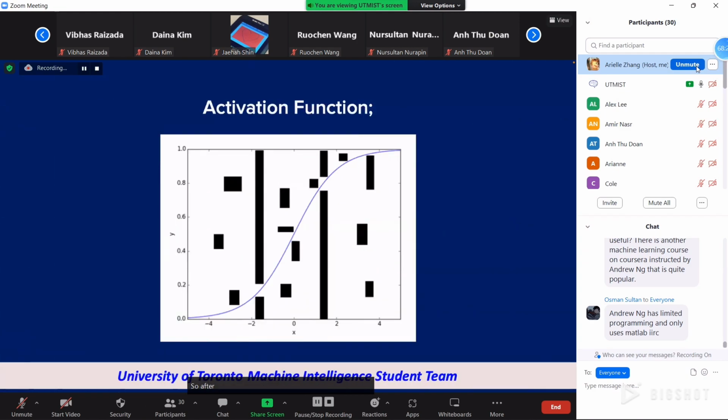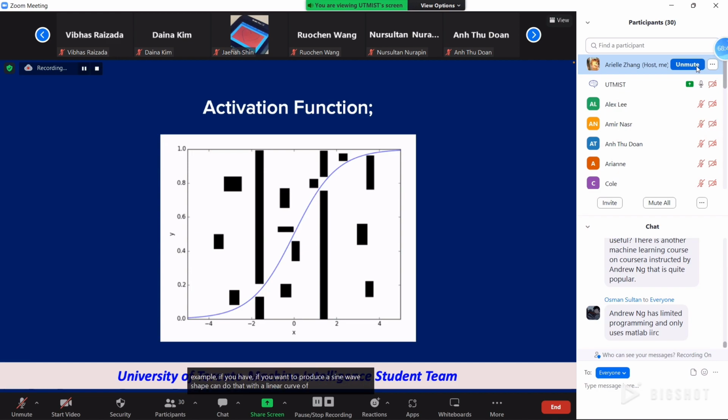So after activation functions, we're able to craft the curve and make the decision boundaries more flexible. Sometimes, for example, if you want to produce a sine wave shape, you can't do that with a linear curve.